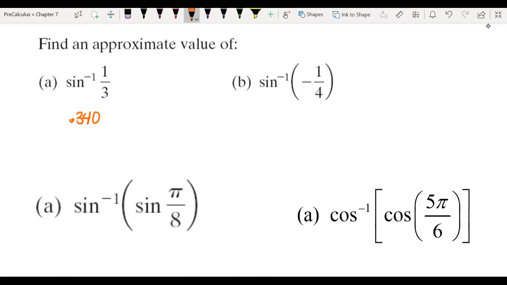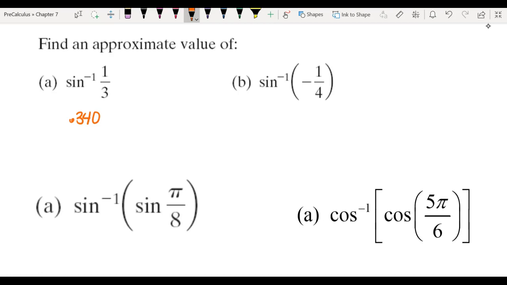You hit second sine to get sine inverse. It is second, and then the up arrow, which is right above the divide sign. So second button above the divide sign. So this is how we did it in geometry.